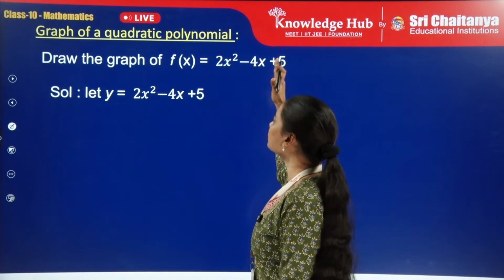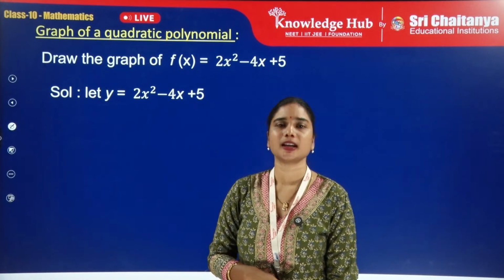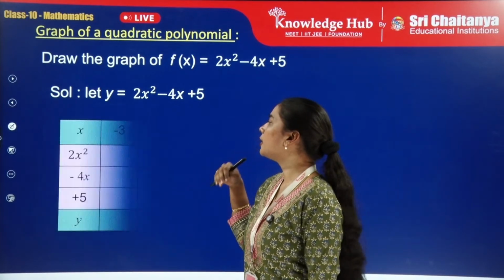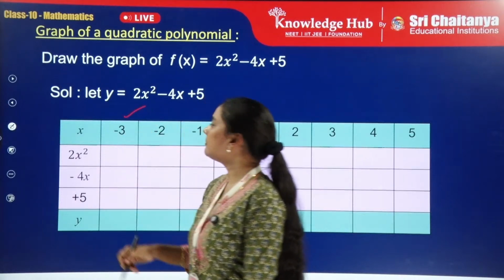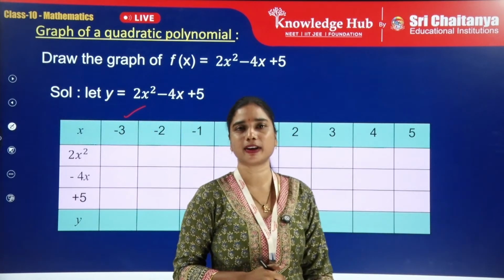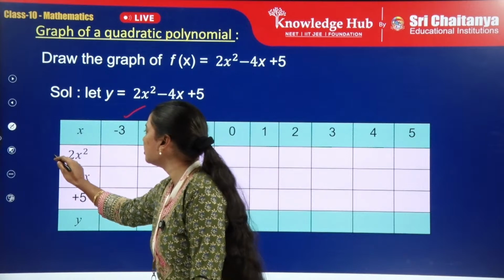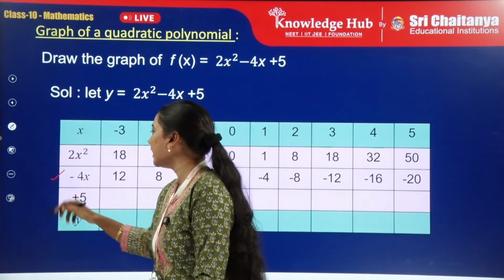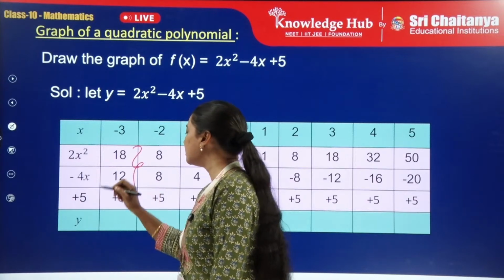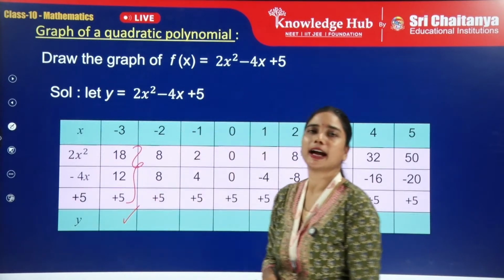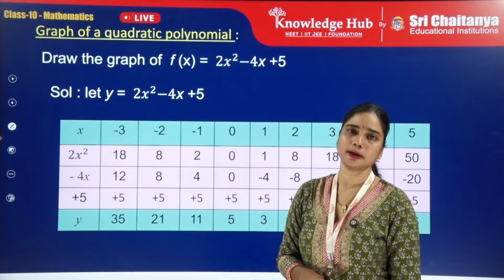2x square minus 4x plus 5. Again, it's a quadratic polynomial. Take a graph sheet. Take the values of x from -3 to +5. Find 2x square minus 4x, add 5. By adding these three, we will get the values of y in the table.